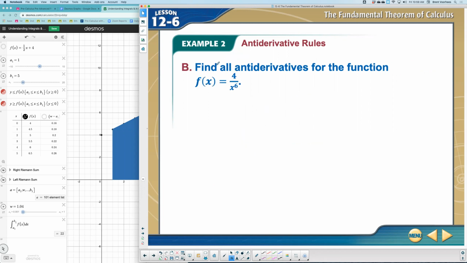Now let's take a look at part B. Again, it says find all. So I'm going to have capital F of x equals, and I'll rewrite this as the same thing as 4 times x to the negative 6th. So 4 times x to the negative 6 plus 1. I will divide by negative 6 plus 1. Negative 6 plus 1 is negative 5.